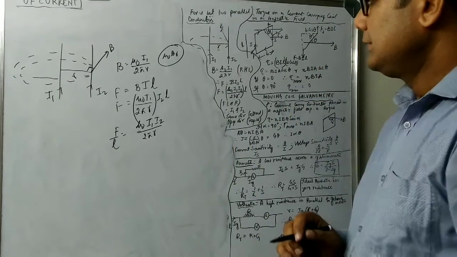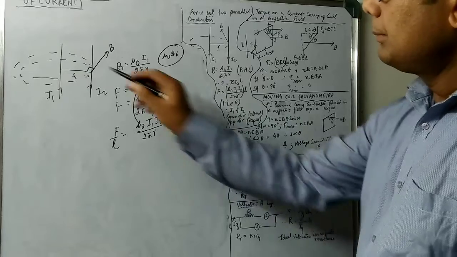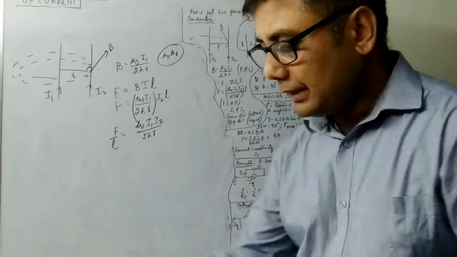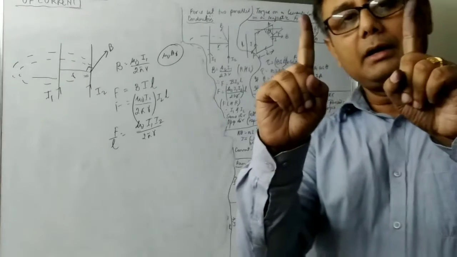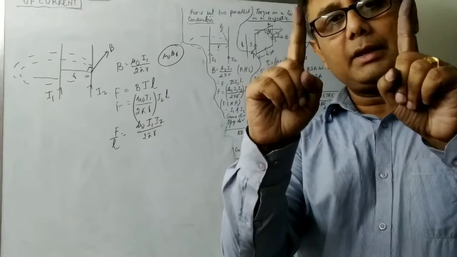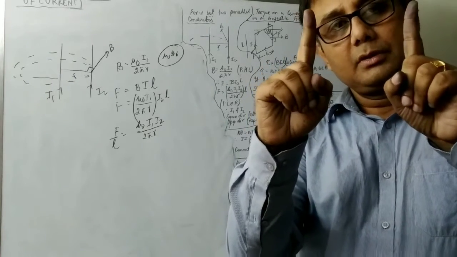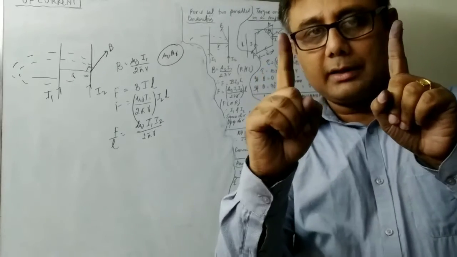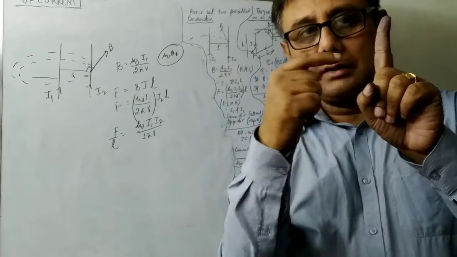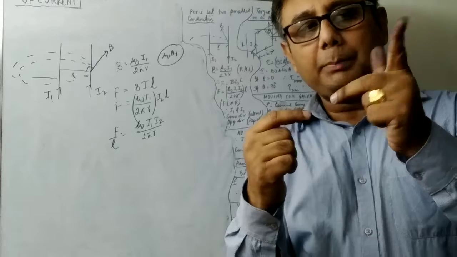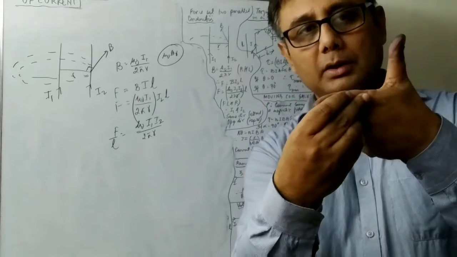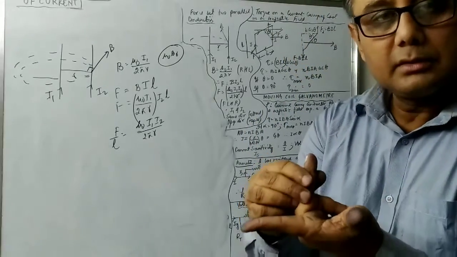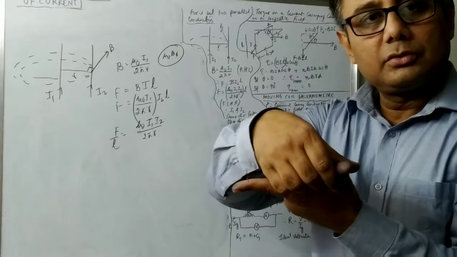So here what I can see is that this is the force acting between the two conductors. Now, watch very carefully. If the conductors are carrying current in the same direction, due to this wire, at a distance of r, the magnetic field will be perpendicular. Clear? And now this is the current and this is the force.